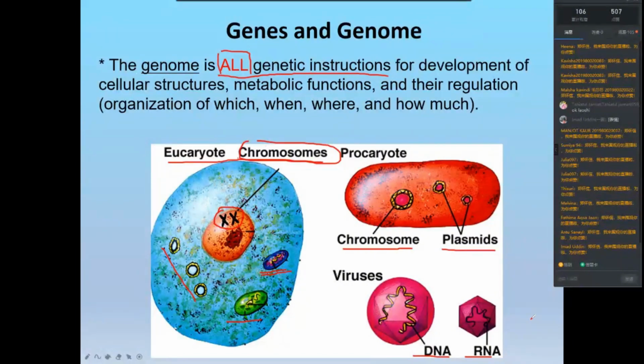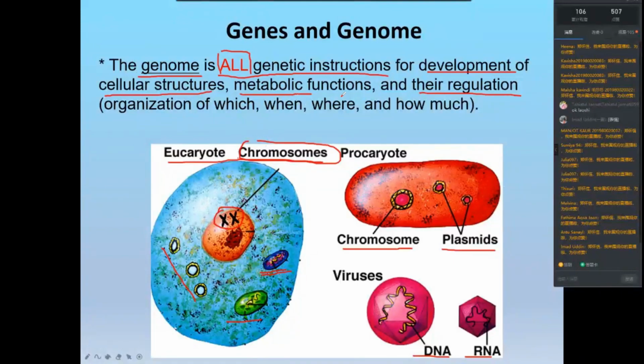All these materials formed the genomes of different organisms. They may play different functions, such as development of cellular structures, metabolism, and regulation of the genome. So this is the term of genome we need to remember.